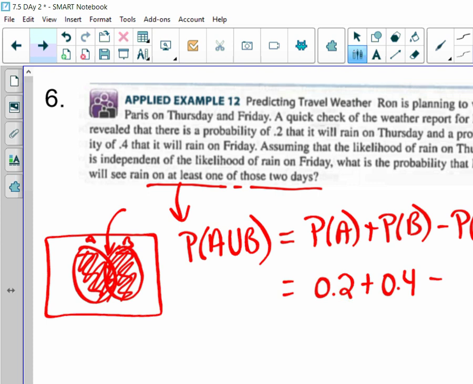Because they're independent, that equals the probability of A times the probability of B. See how it's all kind of building up together here? So we get 0.2 plus 0.4 minus 0.08, which I believe is 0.52. That means there's a 52% chance that it's going to rain on at least one of those 2 days.